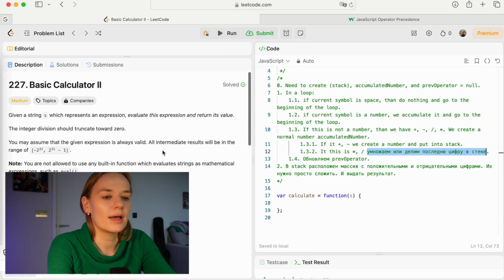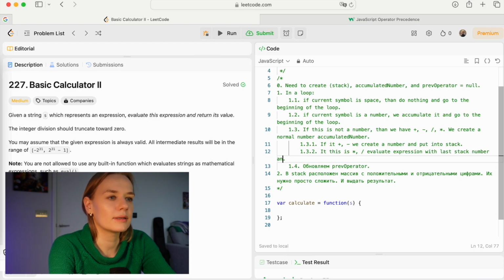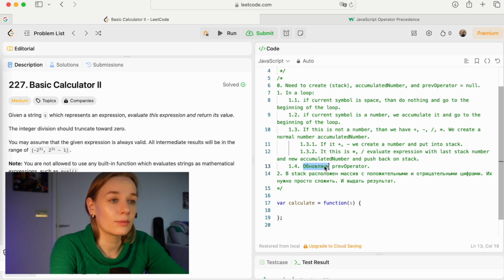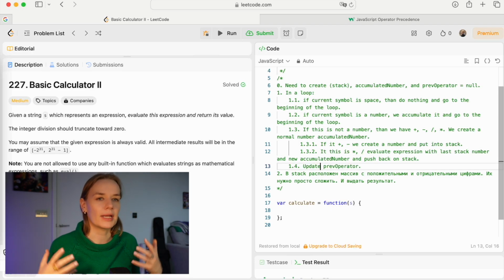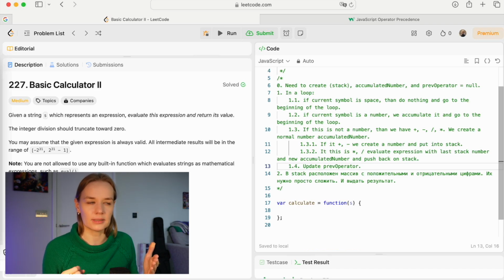We need to evaluate the expression with the last stack number and the new accumulated number, and push the result back on the stack. And we update the previous operator. What about the previous operator? We do the calculation based on it.